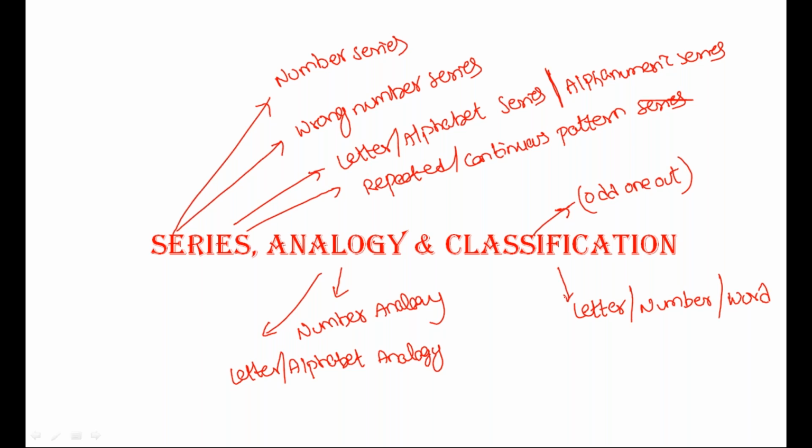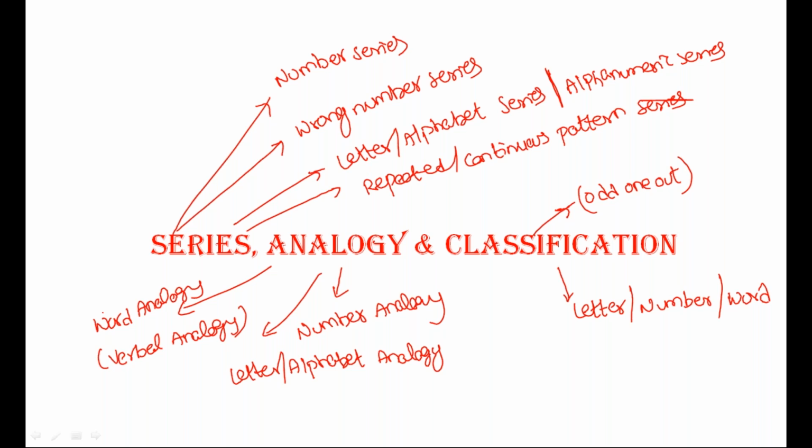So there are 5 things in series alone: number series, wrong number series, letter series, alphanumeric series, and repeated series. Whereas in analogy, 2 things we'll discuss: number analogy and letter analogy. In fact, I'll also try to go for word analogy. But verbal analogy in English, where we find antonyms and synonyms, they'll cover in verbal, so that is a different one.